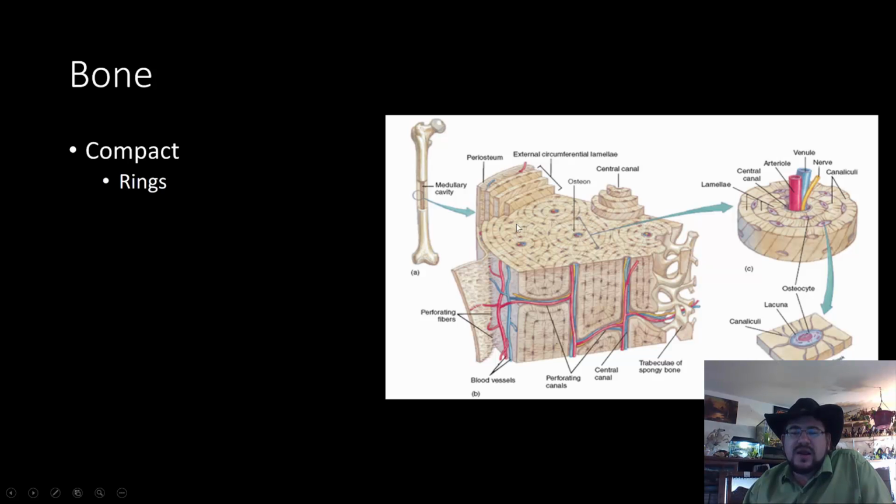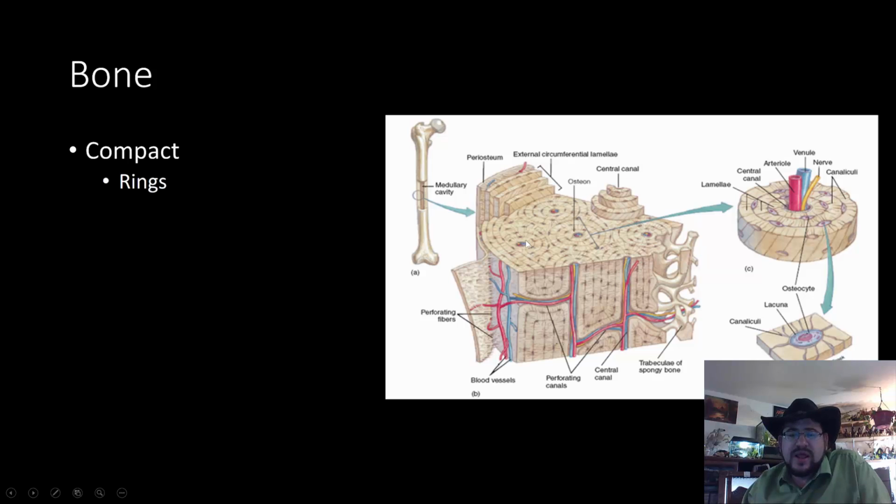If we look at compact bone here in our figure, we have what looks like multiple little tree rings. These tree rings are around blood vessels and nerves, and then we have little rings of bone cells in pits, and they spread outward.